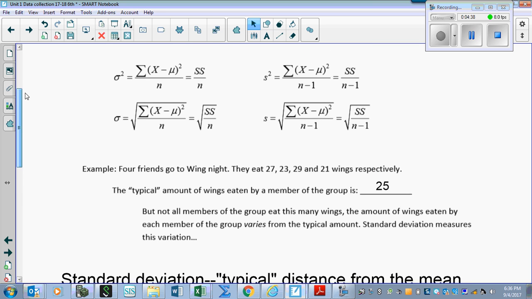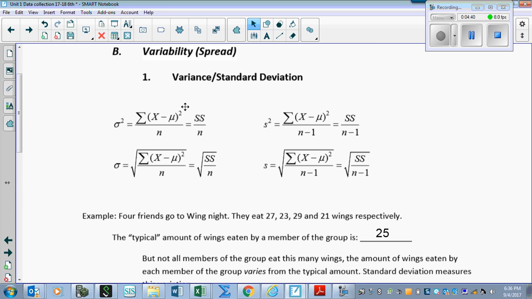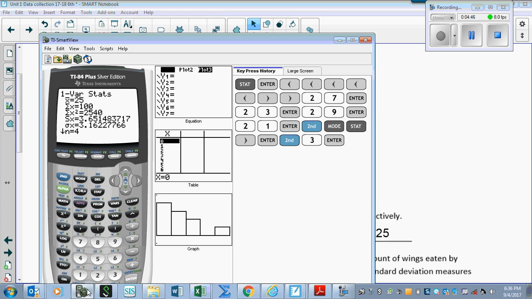Then it says S subscript x, the standard deviation of the variable, where the variable is number of wings eaten. Right below it is sigma, again sub x.